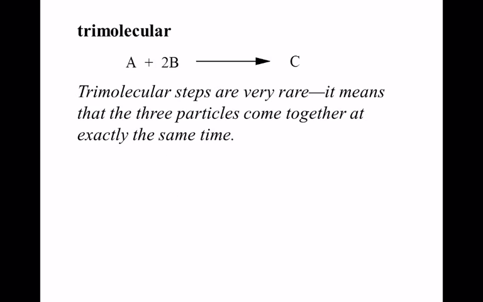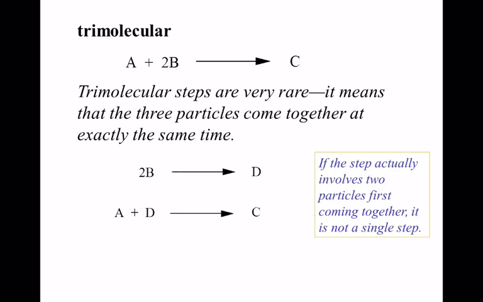And termolecular or trimolecular, this is an example, where you have two B particles finding one A particle and proceeding to form a C particle. And then I go on to say why they're relatively unlikely. It's pretty random that in your reaction mixture, you're going to get those three particles to come in close contact with each other.